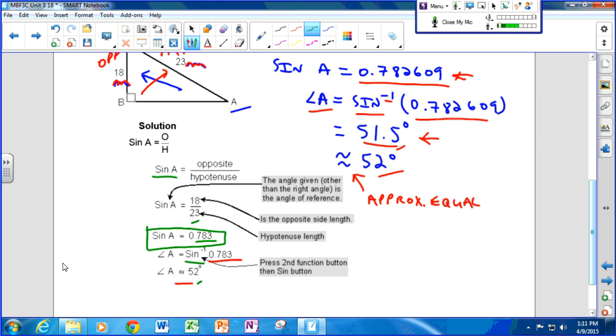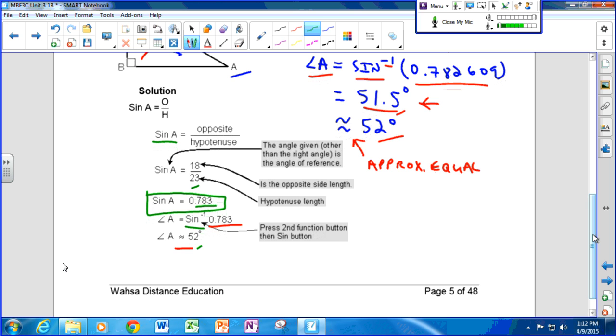They're just a unitless ratio. But once we start measuring lengths, once we start measuring angles, they all have units. The lengths will be given in whatever units are given: meters, centimeters, millimeters, feet, miles. And the angles in grade 11 math are going to be degrees.